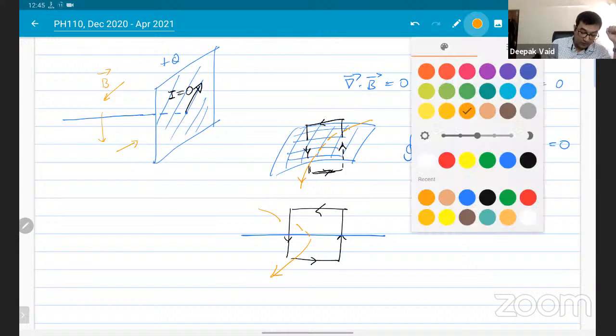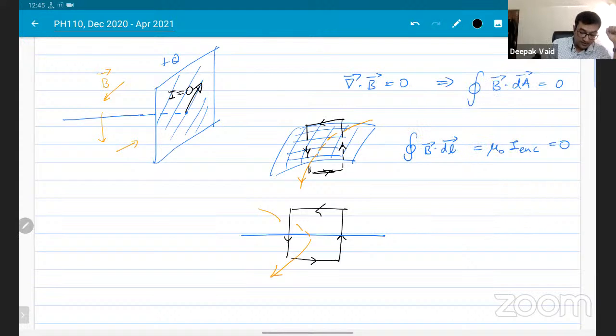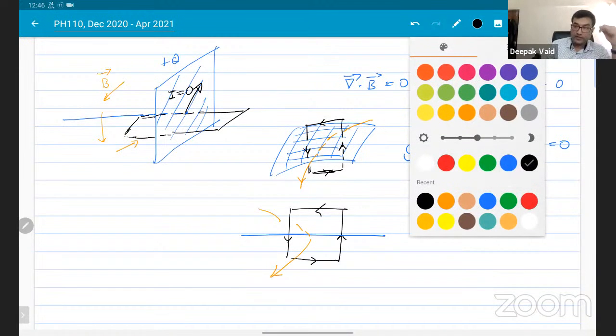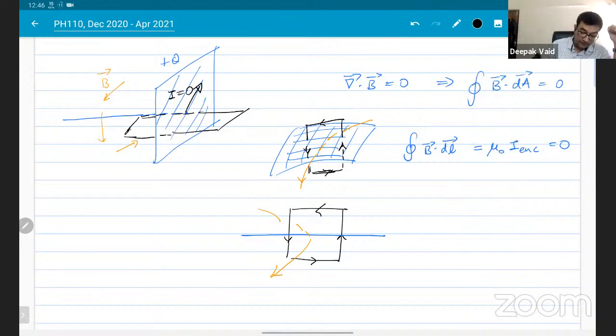And if I make my loop like this, this is my loop, then the integral of B along this loop has to be 0.